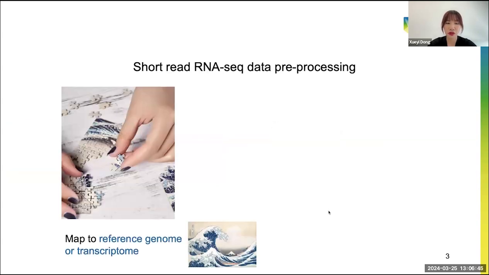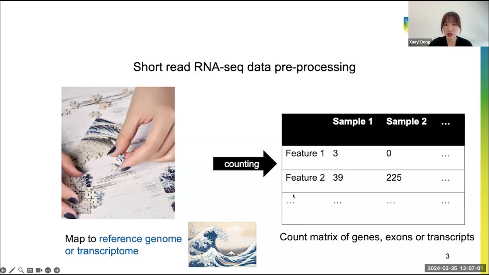For preprocessing the short-read data, the first step is usually to map the reads to the reference genome or transcriptome so that we can know where the reads come from. After that, we can perform quantification at the gene level, transcript level, or exon level so that we can know the abundance of each gene or transcript or exon.